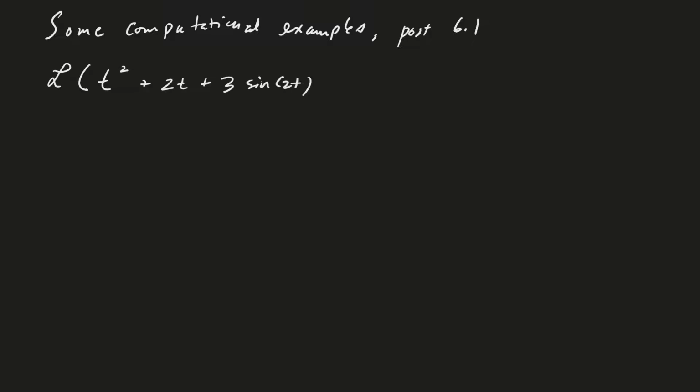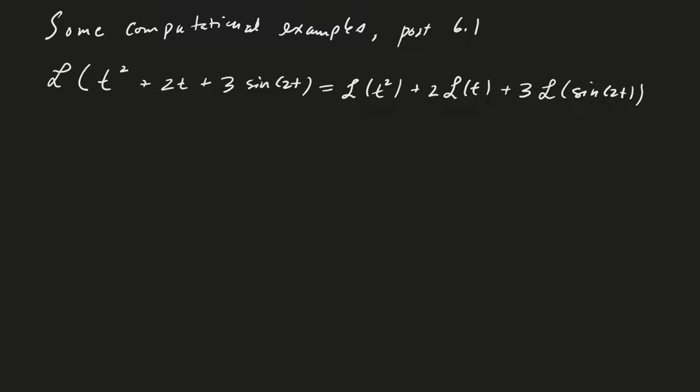From linearity, we already know that we can break this apart as the Laplace transform of t squared plus 2 times the Laplace transform of t plus 3 times the Laplace transform of sine of 2t.